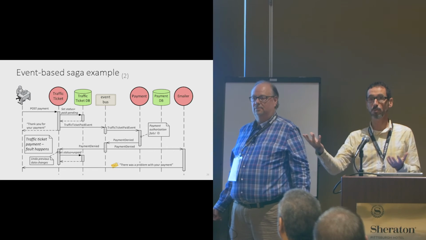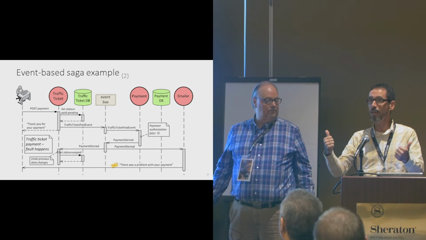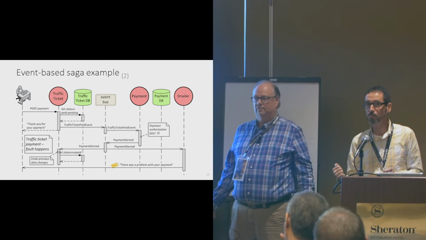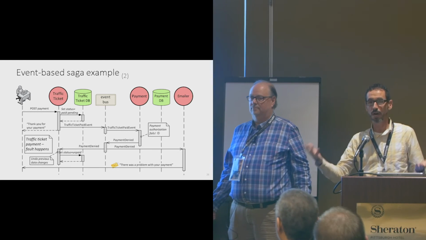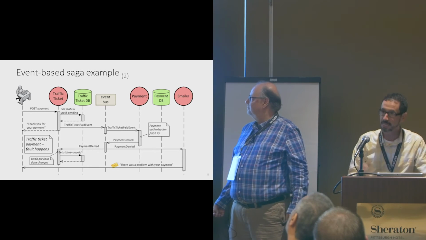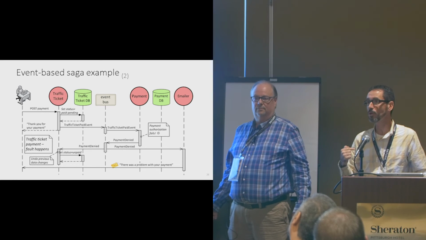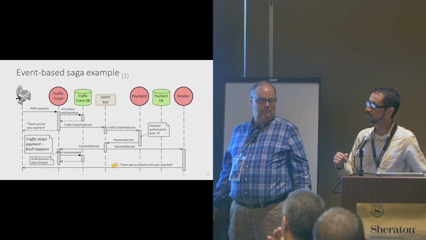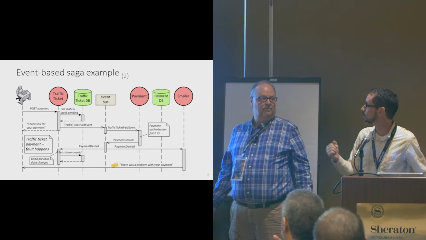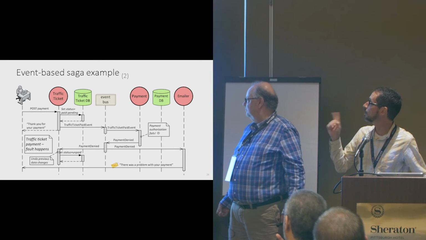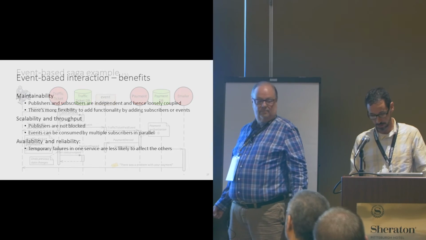It is a subscriber of payment OK event, but it's also a subscriber of payment denied. So in that case, when it gets that kind of failure event, it will trigger the undo operation corresponding to the first step. So it will undo the data changes to the traffic ticket.